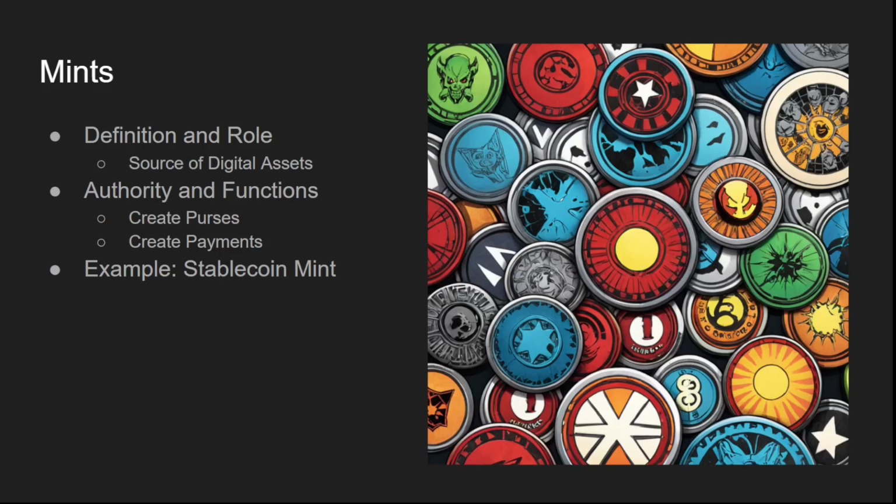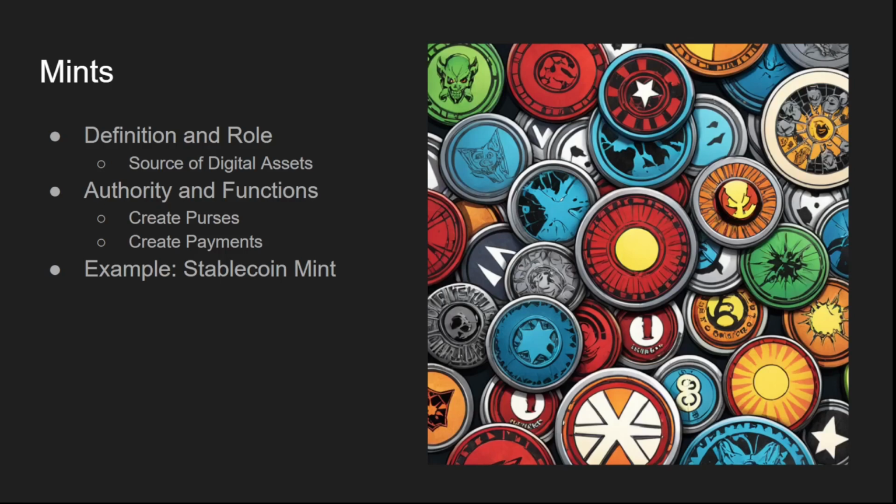Imagine we have a mint that creates a stable coin called USD coin. This mint is the only source that can create new USD coins. The USD coin mint is associated with the USD coin brand. When the mint creates a new purse, it initializes it with a certain balance of USD coins.